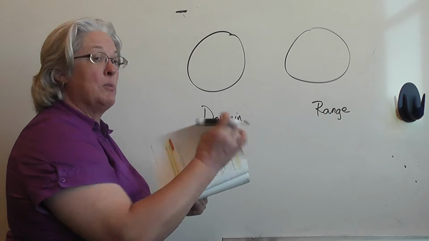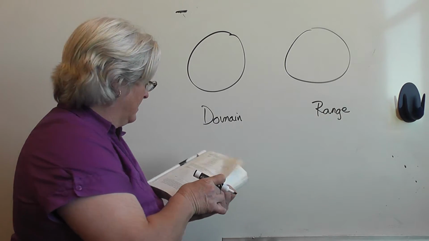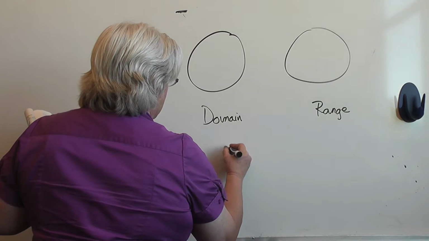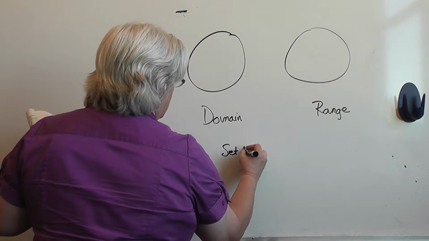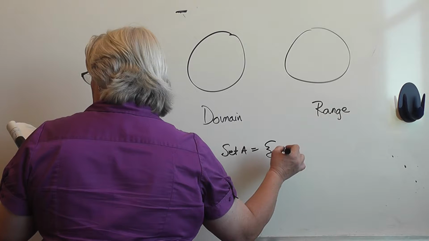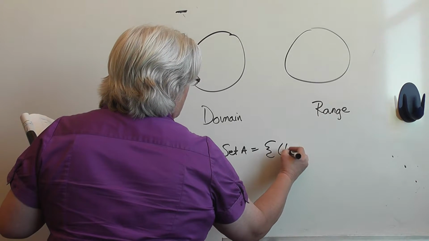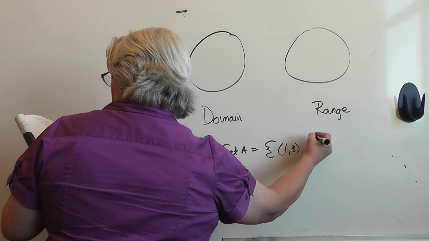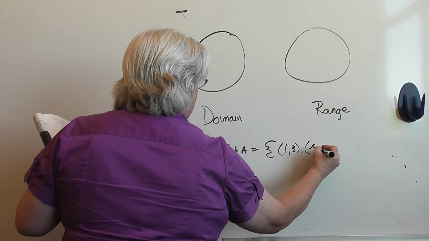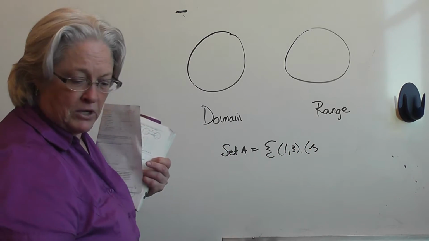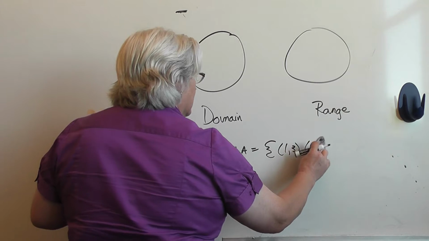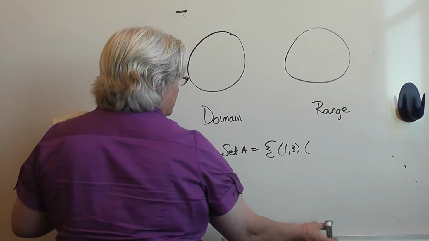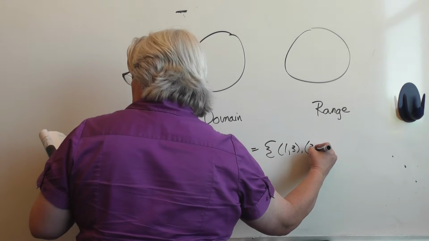So let me go back over here and use this exact thing. Okay, we had set A consisted of the ordered pairs (1, 3), (3, -1), (3, 2), and (5, 4). I'm going to have to go to the librarian and get a better eraser.